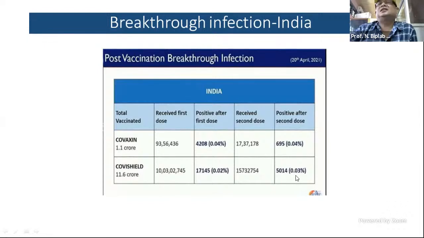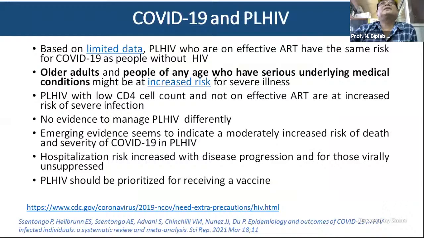That is the percentage is 0.03%. So this shows that the post-vaccination breakthrough infection is very, very important, because when you give a full dose vaccination, the rate of infection in them is very less compared to unvaccinated people.